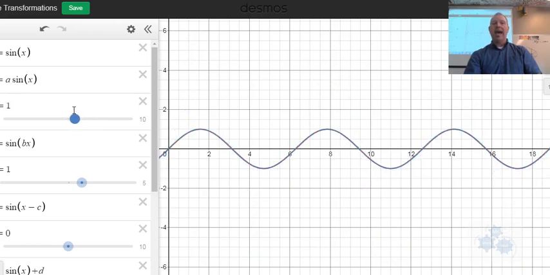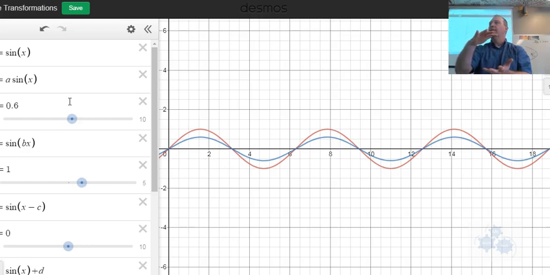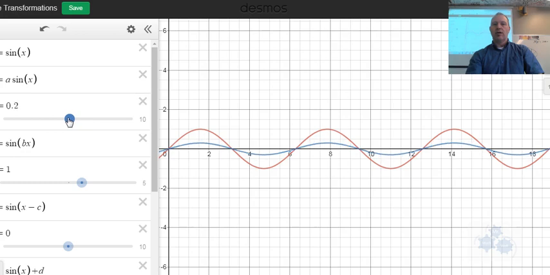Now, if we take A less than 1, okay, it kind of squashes down, right? So if A is between 0 and 1, we have a smaller amplitude, and the amplitude matches the A value. Okay? So A, amplitude, easy to remember. If A is negative, watch what happens to the blue graph. If A is 0, we have just y equals 0, because 0 times sine x is 0.